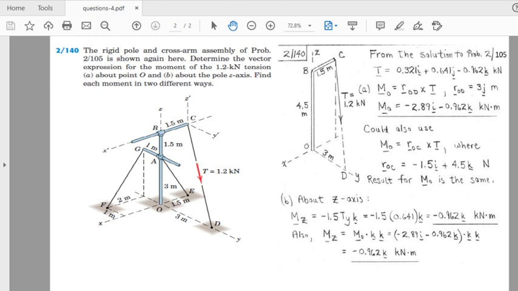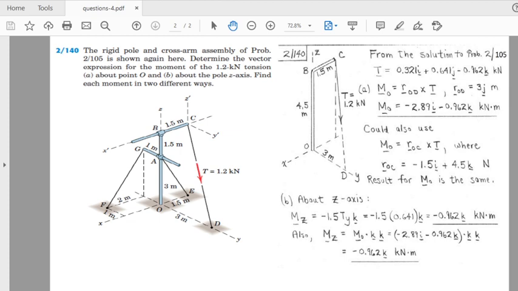So the coordinates of point C are going to be minus 1.5, the y coordinate is 0, since point C is in the xz plane, and the z coordinate is 4.5. And of course the coordinates of the origin are going to be 0, 0, 0.